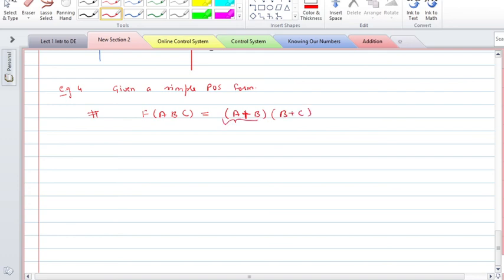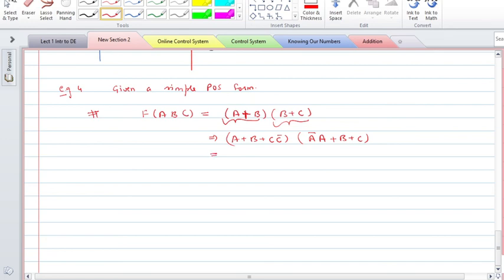Here you can see that c is missing, so you can write it like this: a plus b plus c bar, and here a is missing in the second term, so a bar plus b plus c.